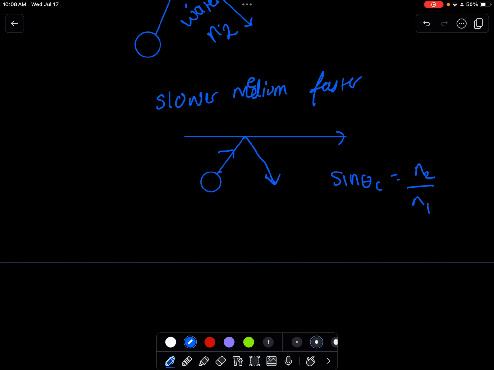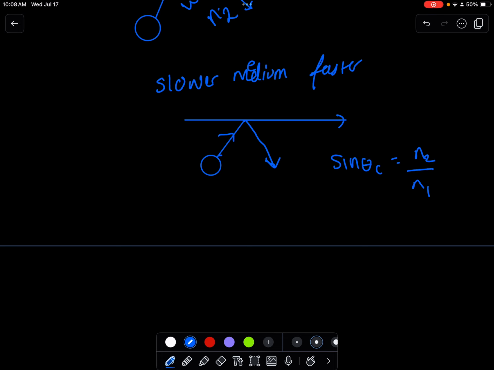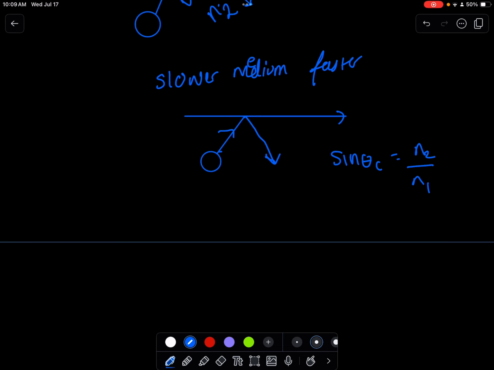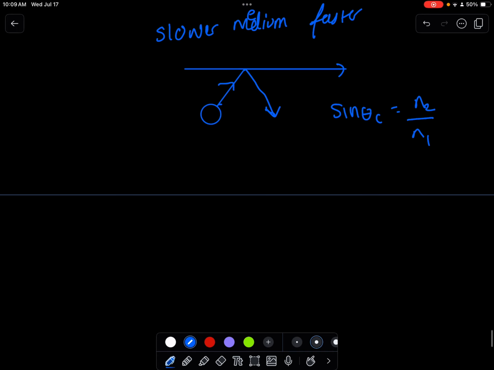So what that means is the following. If you take the ratio of the refractive indexes when light is going from the slower medium to the faster medium, then you get the critical angle.